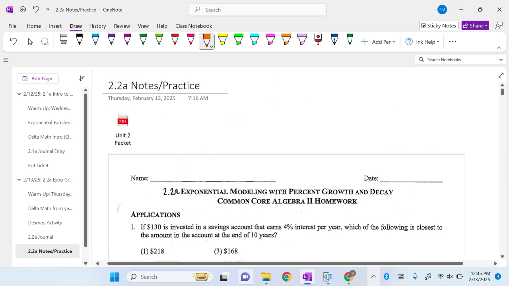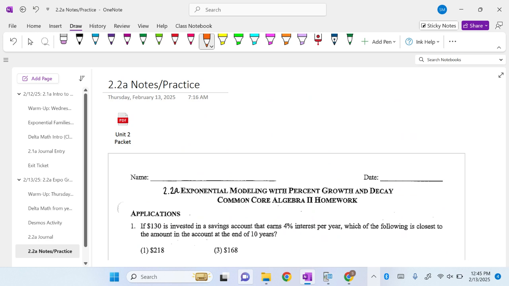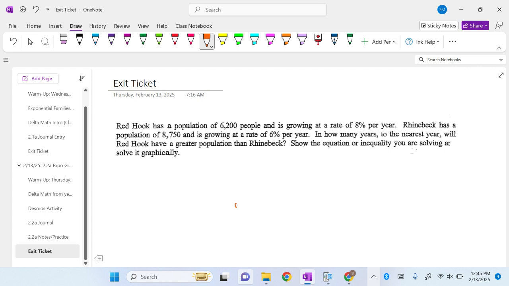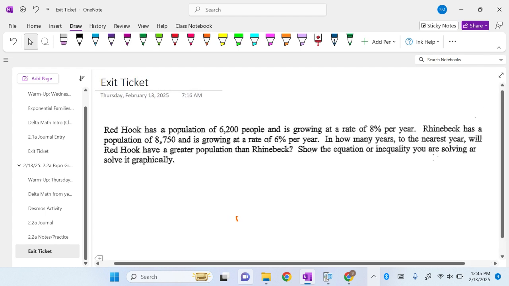So pages 2 through 4 of your packet is the assignment for this lesson. But the Delta Math's a priority, so I would work on finishing up that Delta Math. And then here's the exit ticket for today. If you can't see it, it's also cross-posted in Canvas under the exit ticket page.